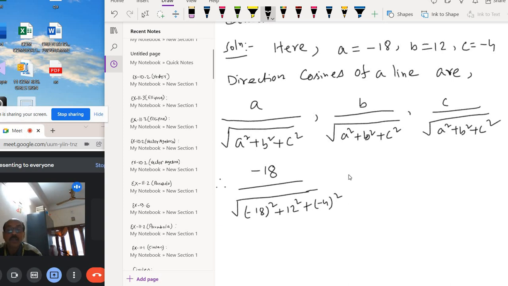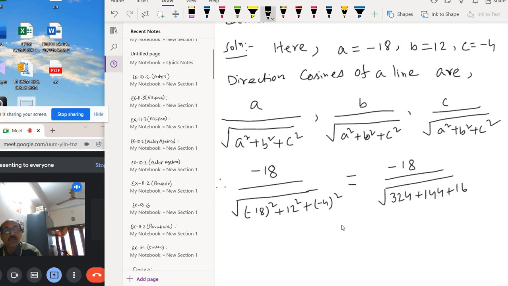Okay, then 18 square is 324, plus 12 square is 144, plus -4 whole square, that is 16.